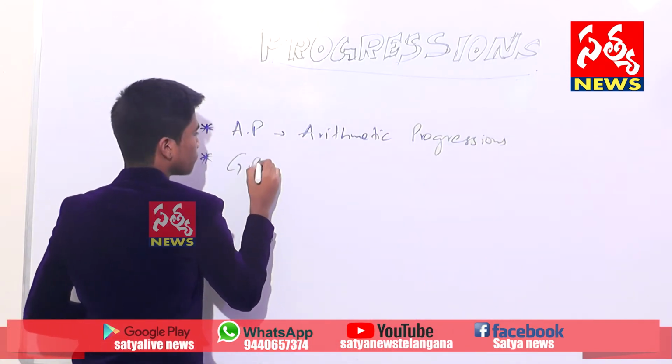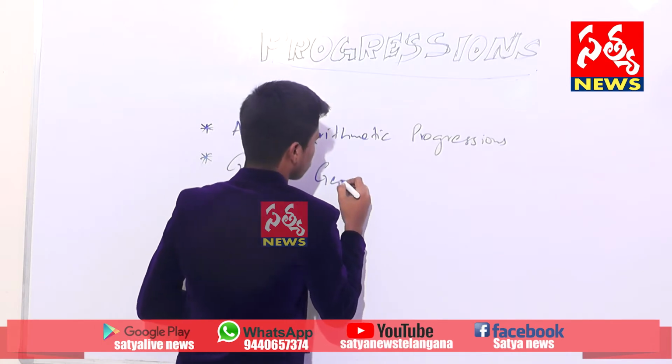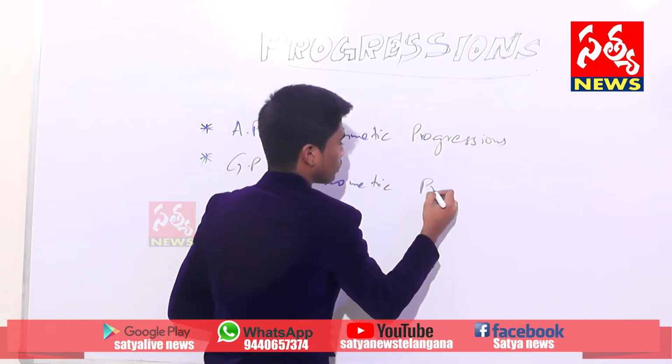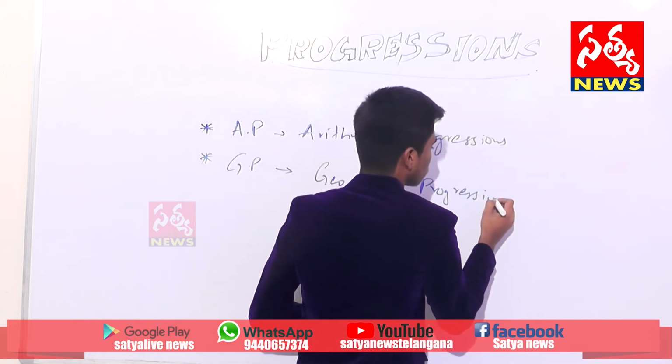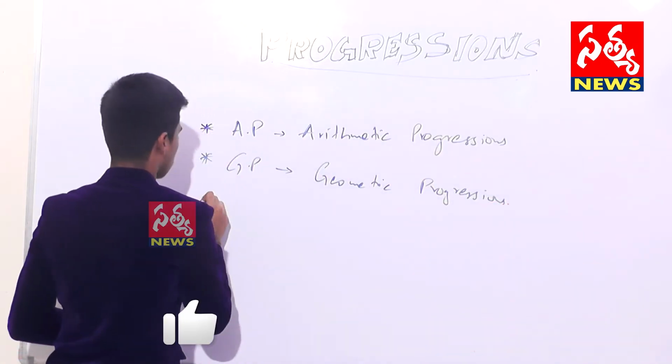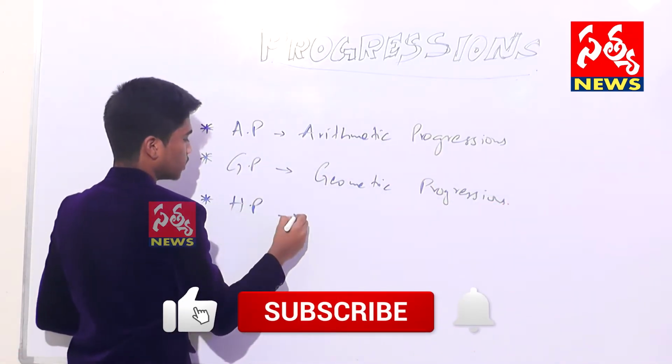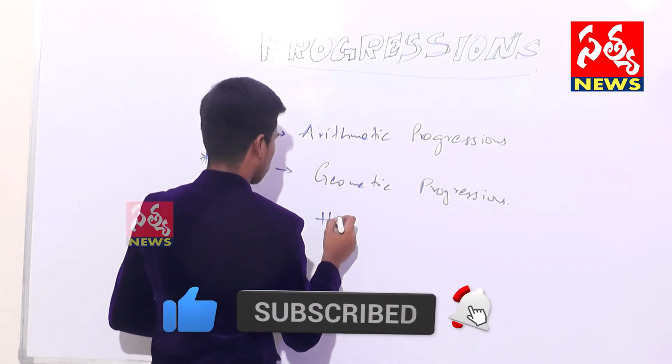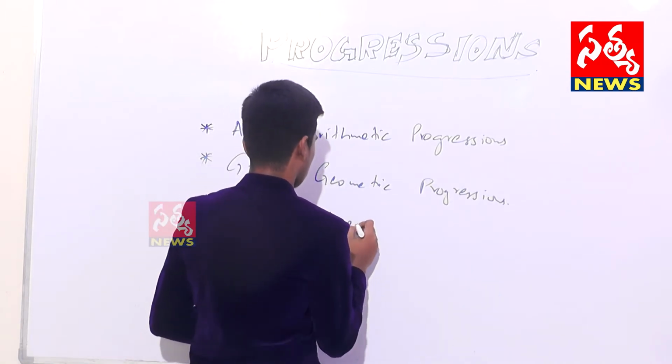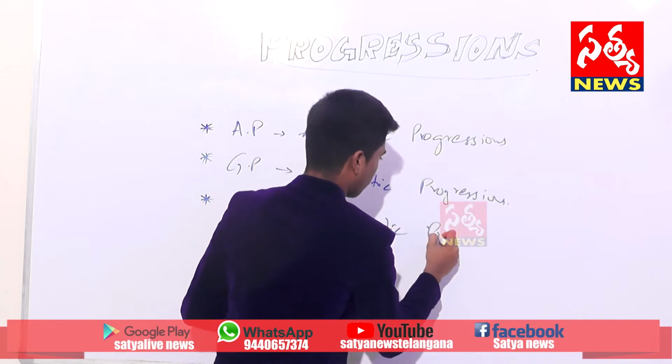Next is GP, geometric progressions. Next is HP, hyperbolic progressions.